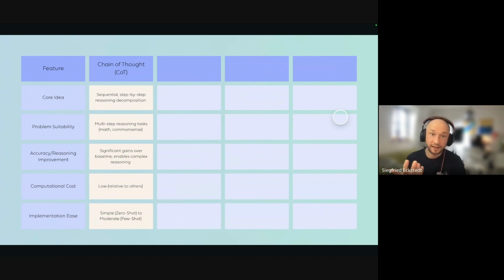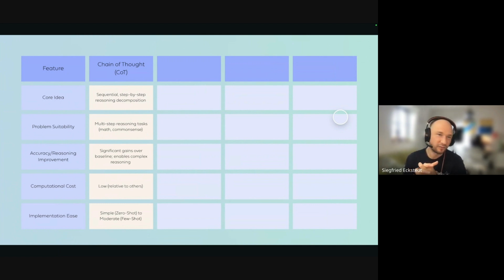It can help you to have significant gains over the baseline in terms of intelligence or reasoning improvements. And computationally, it's actually relatively low in terms of cost relative to others, for sure. We will see that in a moment.